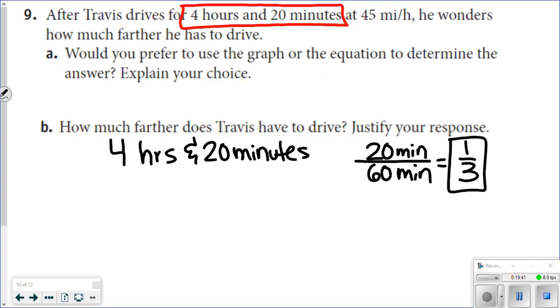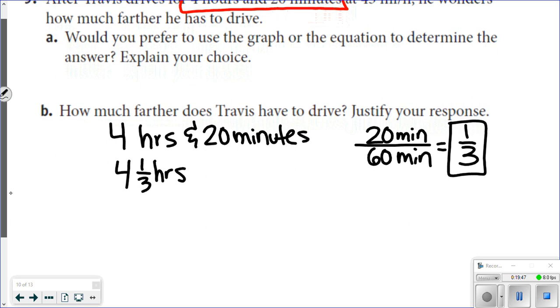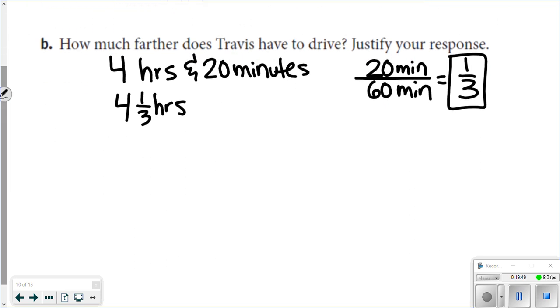So it's 4 1/3 hours. But that's kind of hard to plug into my calculator because it's a mixed number. So let's turn this into an improper fraction. So 4 times 3 is 12, plus 1 is 13/3.